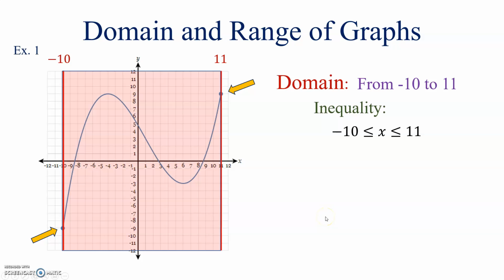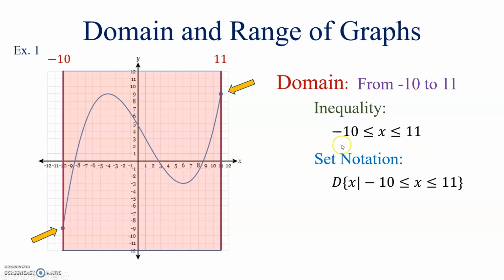Well, there are other ways we can write our domain besides as an inequality. We'll look at it in set notation, which is essentially the same thing as an inequality. Notice the set. The braces are the indication to let us know we are actually using a set. This says set D, D standing for domain, that uses x, such that, that's what the vertical line is, such that -10 is less than or equal to x is less than or equal to 11.